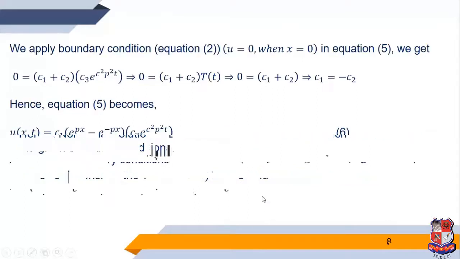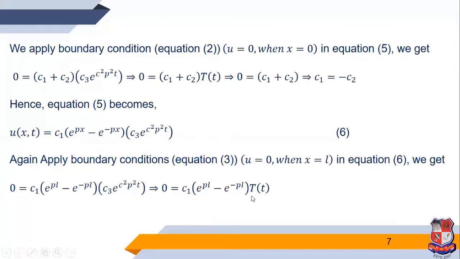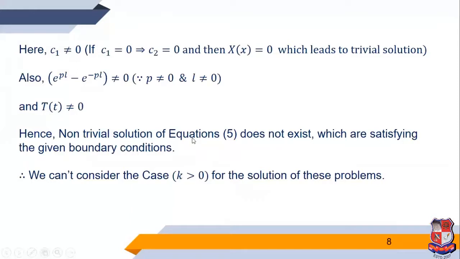That means this term is not equal to 0. But here this term is equal to 0. Hence, a non-trivial solution of equation 5 which satisfies the given boundary conditions does not exist.